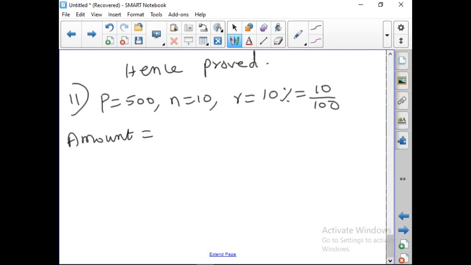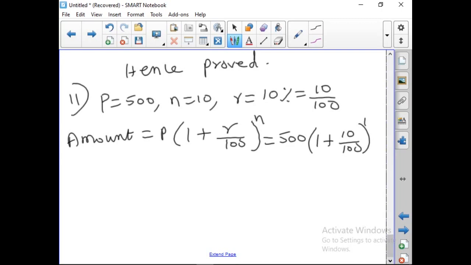So what is the formula? P into (1 plus R by 100) the whole power n. So it is 500 into (1 plus 10 by 100) power 10. That is 500 into (1 plus 0.1) the whole power 10, so 500 into 1.1 the whole power 10.